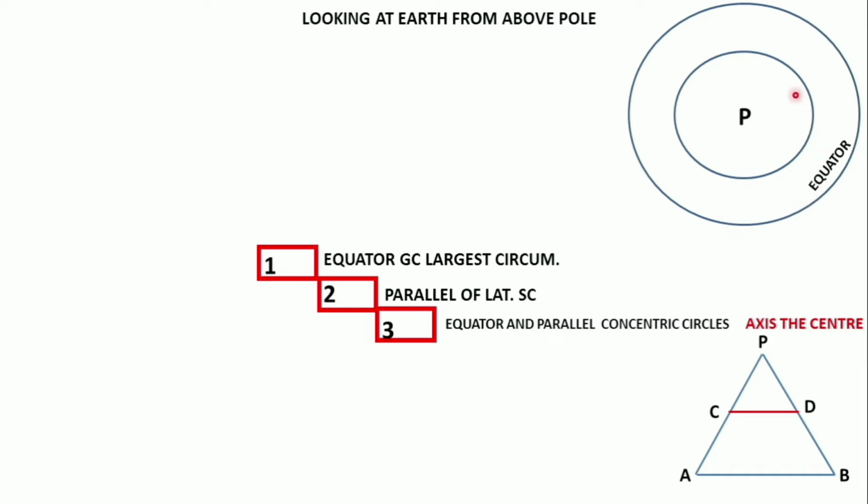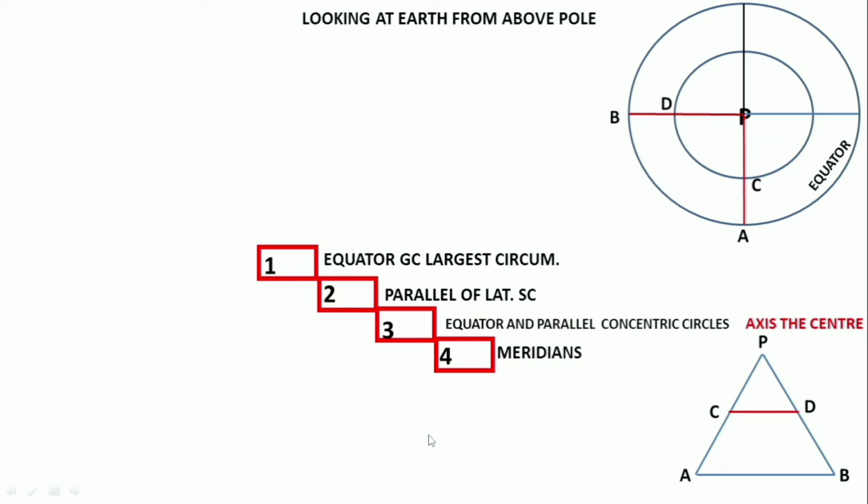Now you look at it here, they are concentric circles with P being the center, and P being the center means along the axis. Axis is your center for these circles here. And I've just drawn these meridians. And we know that when you have concentric circles, then the arcs of the circles would be proportional to their radius.